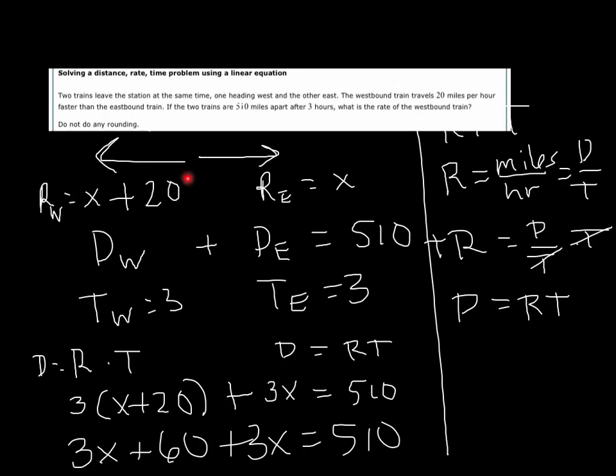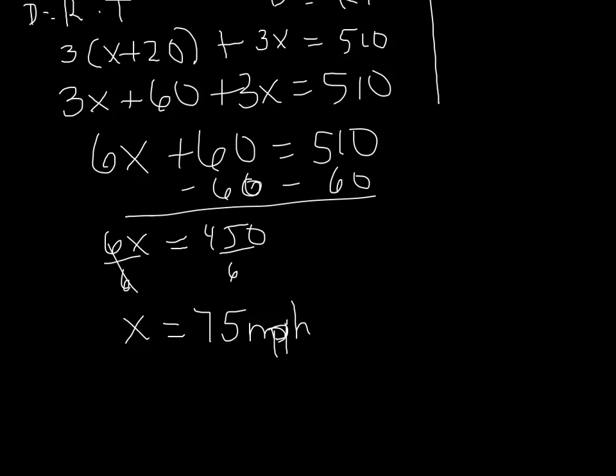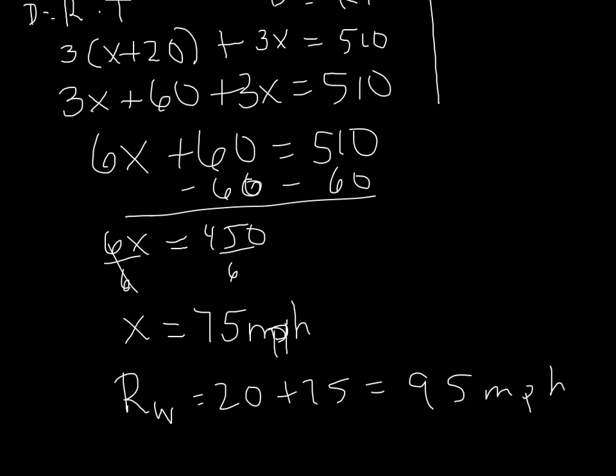So that's my last step there: the rate of the westbound train is x plus 20. So let's move that back up. And we write rate of the westbound is 20 plus 75, which is 95 miles per hour.